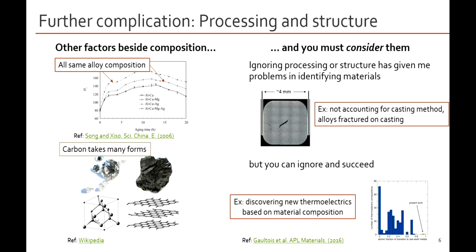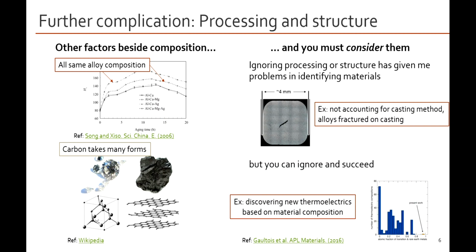But that's not to say that all machine learning models that explicitly ignore processing or structure are doomed to failure. There's really great work from Michael Gratois and others that illustrated how you could find new thermoelectric materials by only searching over the composition. They in fact found ones that are very different from existing thermoelectrics.